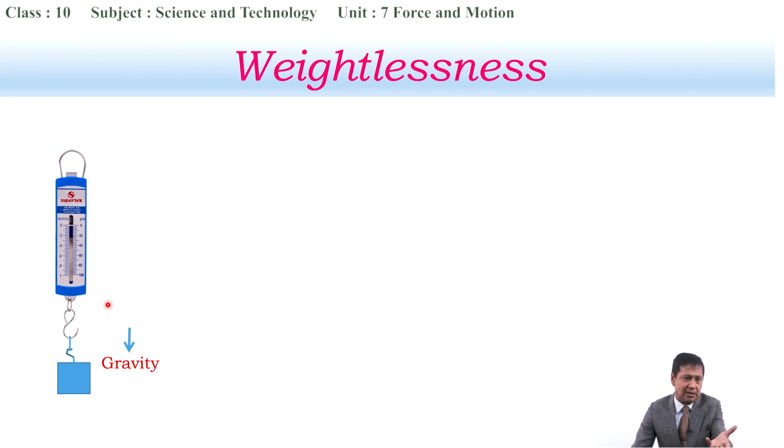And what we are doing here with a spring balance, we are suspending this object. It means the resistance force is applied by this spring balance. We are using a spring balance to hold the force of gravity. I mean to say, we are using a spring balance to hold the body, means against the gravity we are applying force by the use of a spring balance. And this force is acting in the upward direction. And this force is called reaction force.